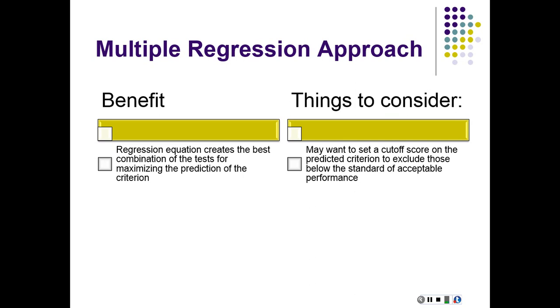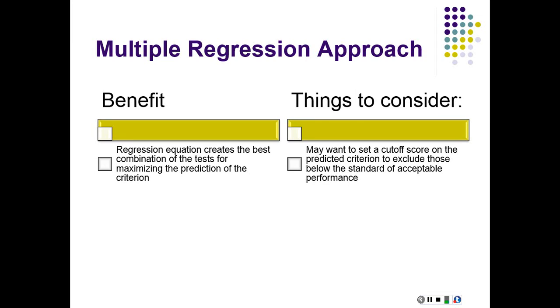So we may want to figure out what the minimum performance on this job is that we would find acceptable. That's going to be on our y-axis. That's going to be our criterion. Then we can go over to our regression line, drop down, and find out what x needs to be in order for us to say this is a person who's worth employing. They probably are going to meet our minimum criteria for performance.